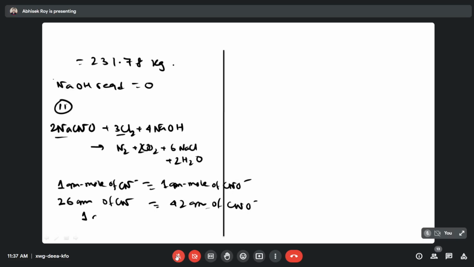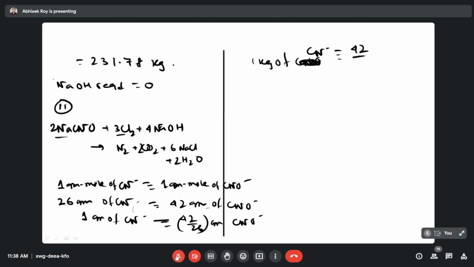So 1 gram of CN is equivalent to 42 by 26 gram of CNO. Now 1 kg of CN is equivalent to 42 by 26 kg of CNO.